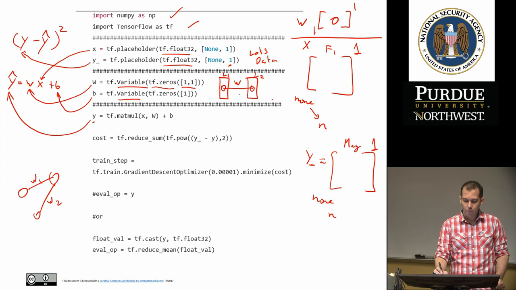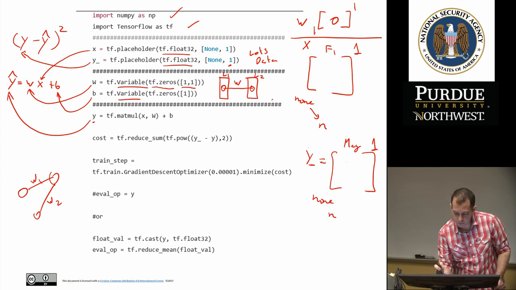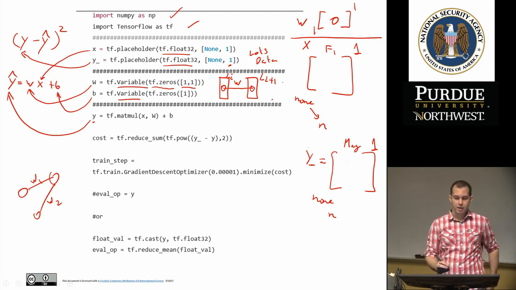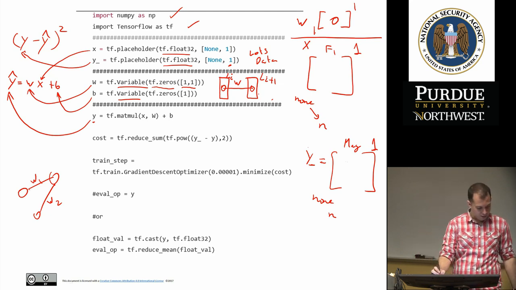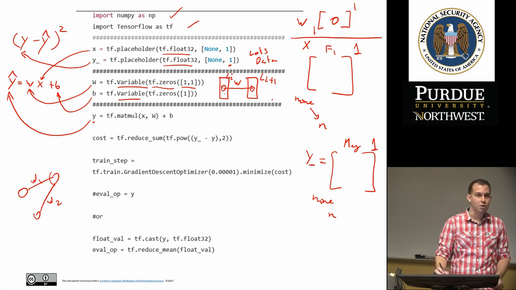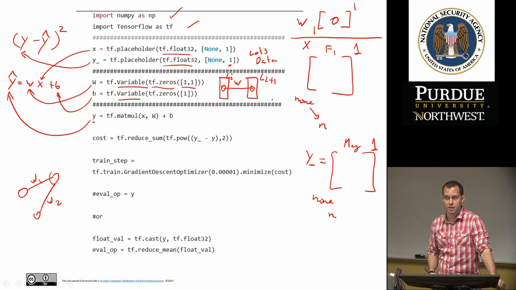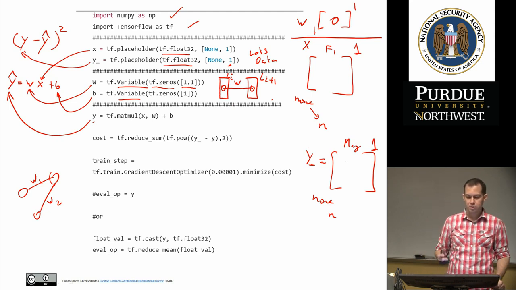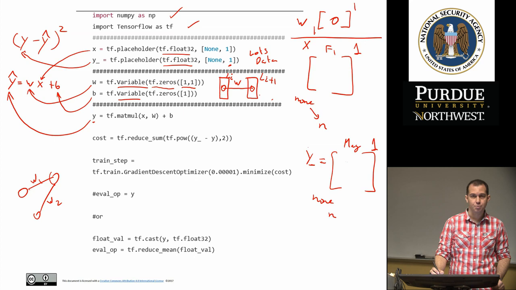Or actually, to be even better, let's say Li and then Li plus 1. So that's really what's happening here: we capture in W the relationship between the neurons in the previous layer and the neurons in the next layer. Now this is going to be very consistent throughout all of the TensorFlow algorithms that we will do, so you will see this over and over, and this is a very important concept to try to remember.